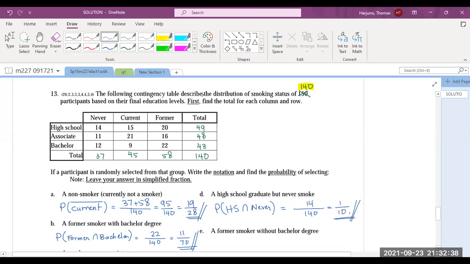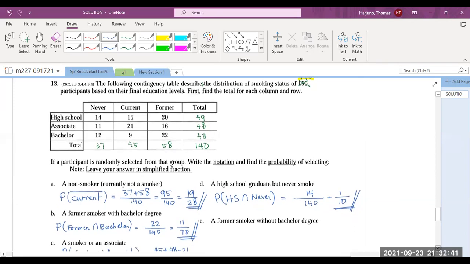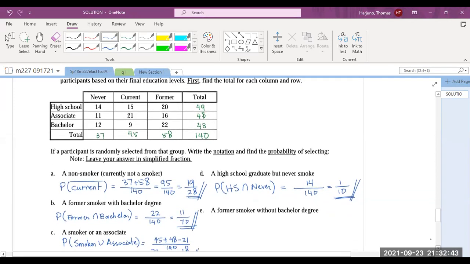And then part E, a former smoker without bachelor degree. Former, is it or, and? Does this requirement restrict or enlarge, right?